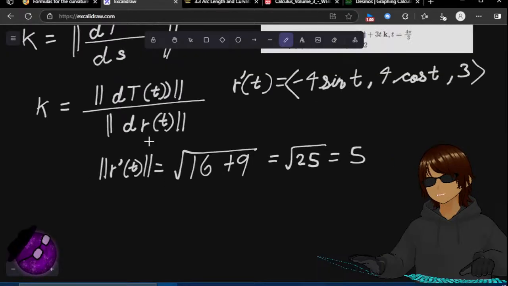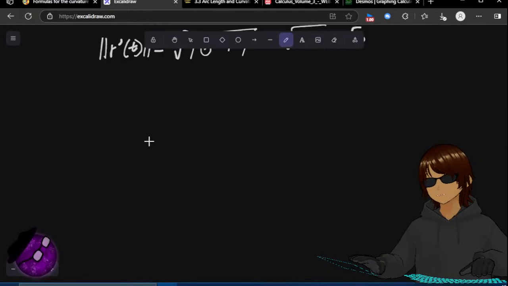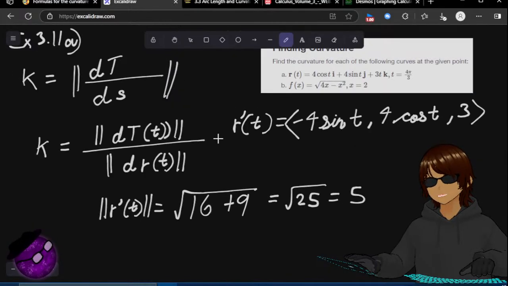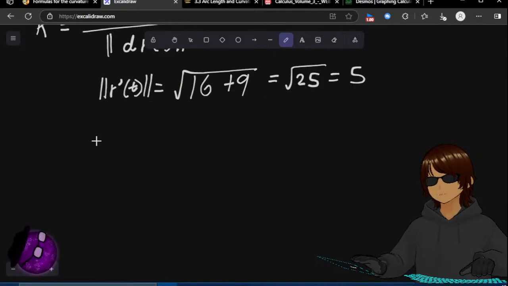And as for T, the tangent vector, we already have the derivative, right?